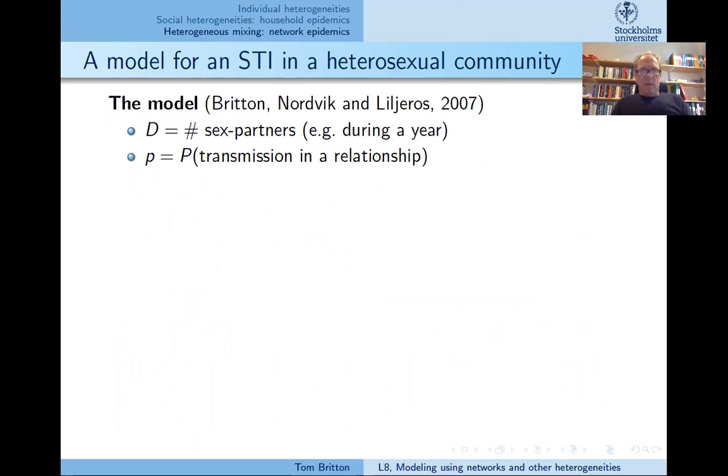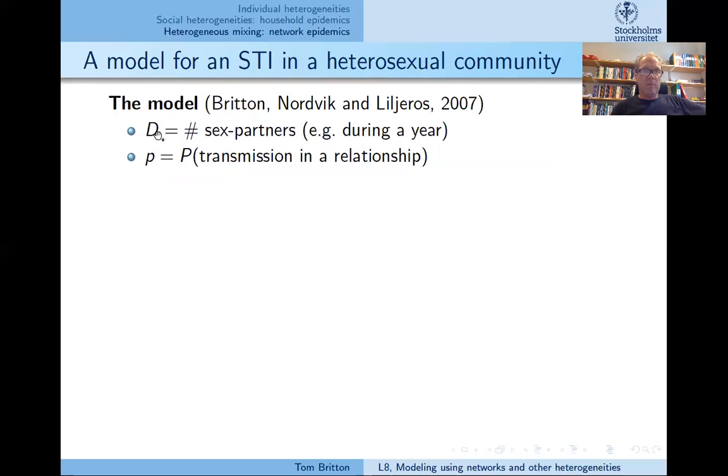So now a second sort of project where I have done some work some time ago. Now I will only go through this briefly, but if you think of a sexually transmitted infection and you think of a heterosexual community, so maybe not HIV, but perhaps chlamydia or some other disease which is typically spread among heterosexuals, then you might neglect homosexual contacts.